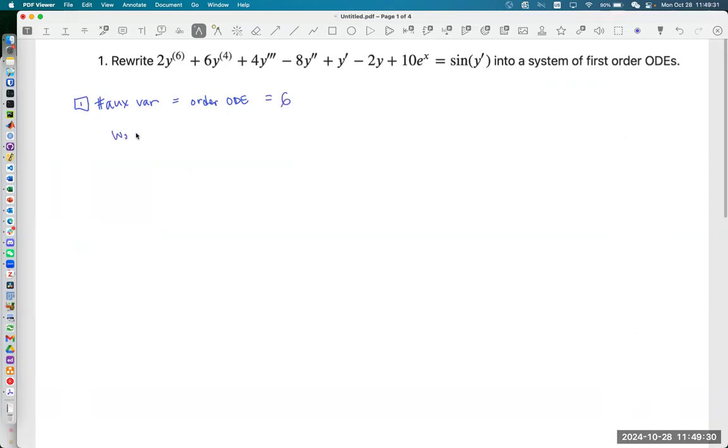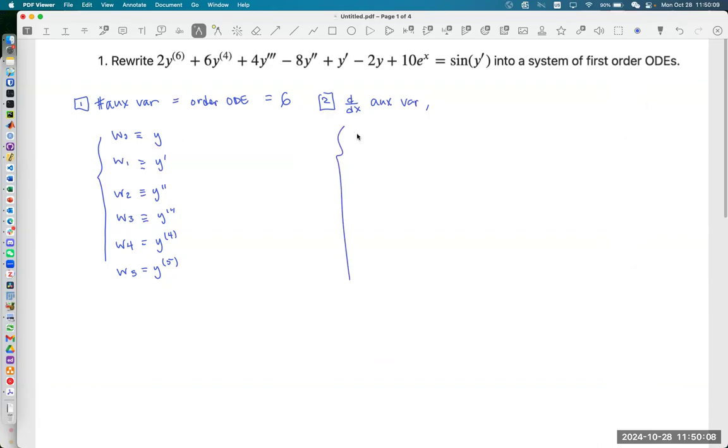So let's define W0 as y, the original function, W1 the first derivative, W2 the second derivative, W3 the third derivative, etc., and W5 the fifth derivative. So we have from 0 to 5, so 6 auxiliary variables. The second step is to take the derivative of the auxiliary variables and rewrite them in terms of auxiliary variables.